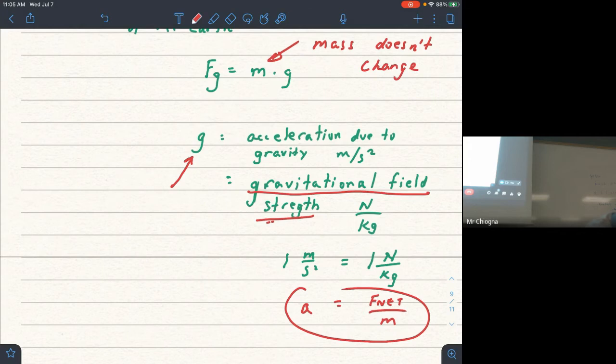As long as you're dealing with the same object, you're dealing with the same amount of matter. G can change depending on where you are: above the surface, at the surface, a different planet. For us, it's 9.81 on the surface of the Earth. I'm just calculating magnitudes. I know it's negative.